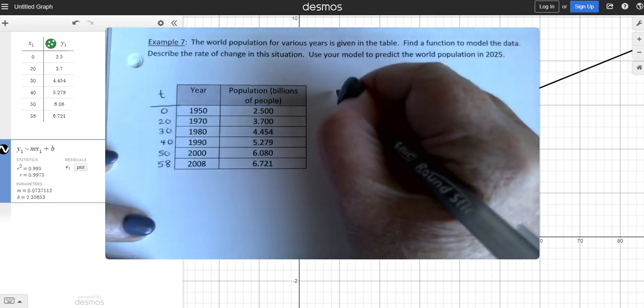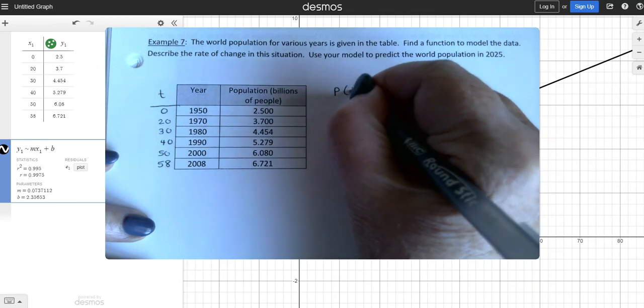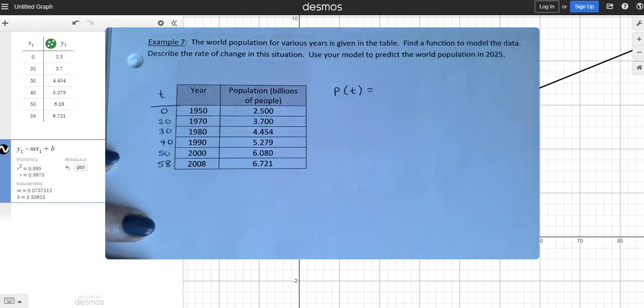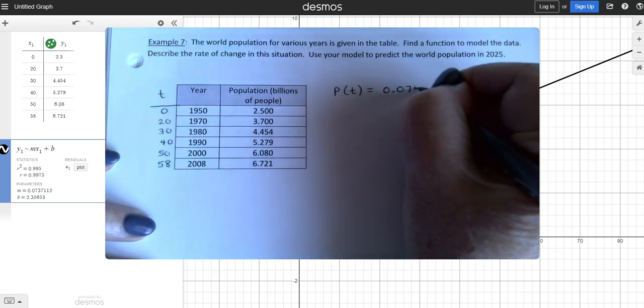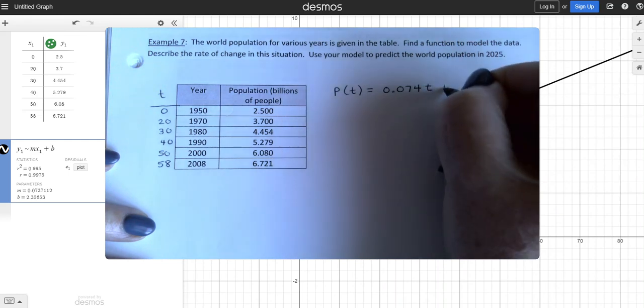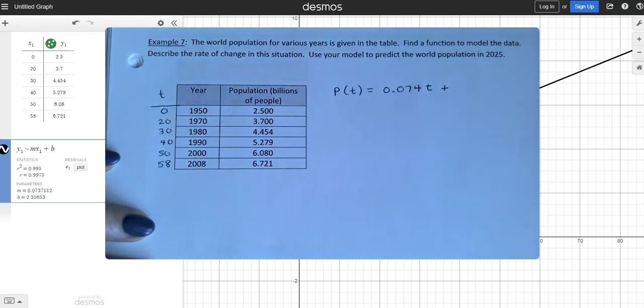So I'm going to go with population, so I'll call it P of t, is 0.074 for m times t, plus the b value, 2.357.